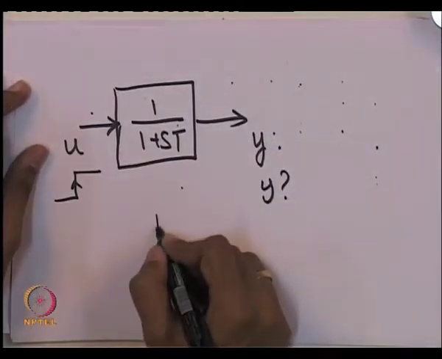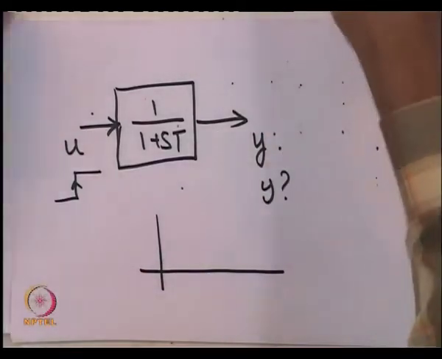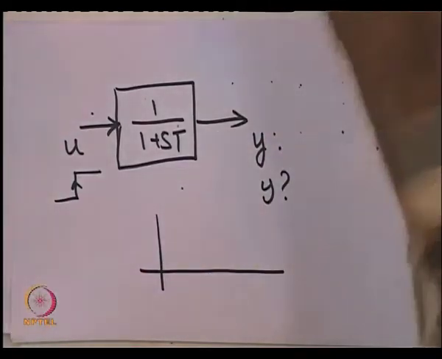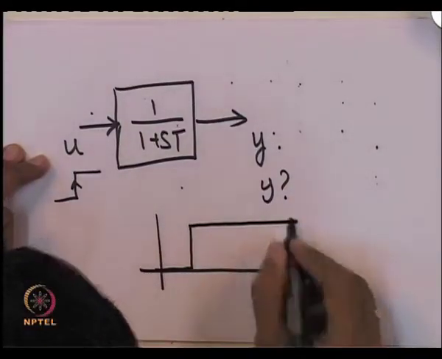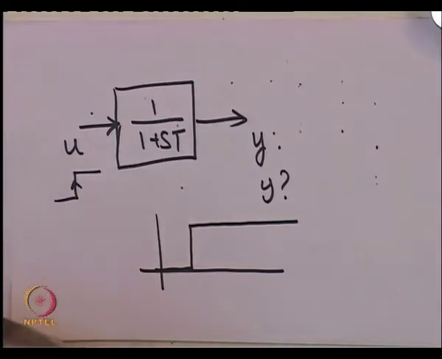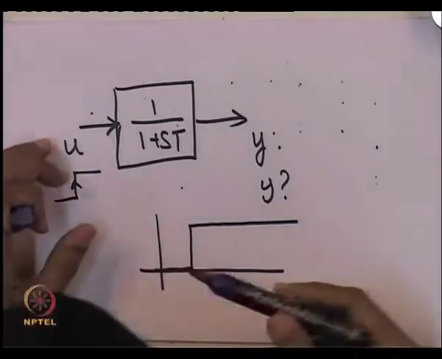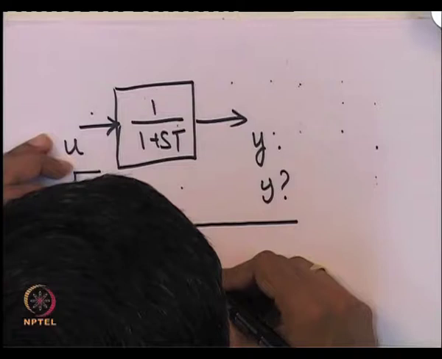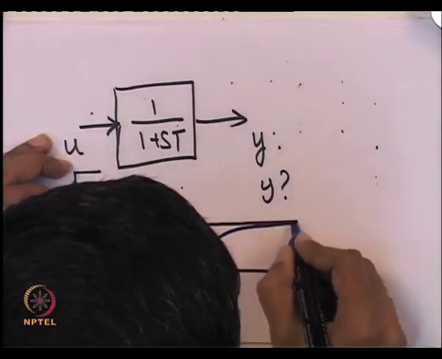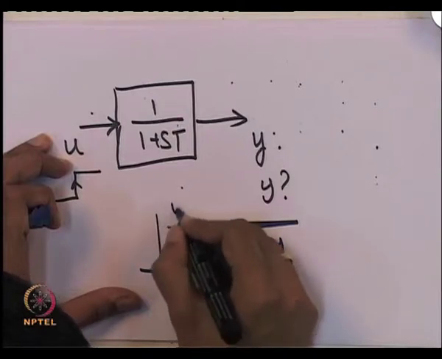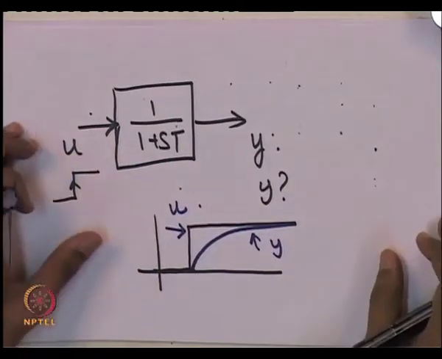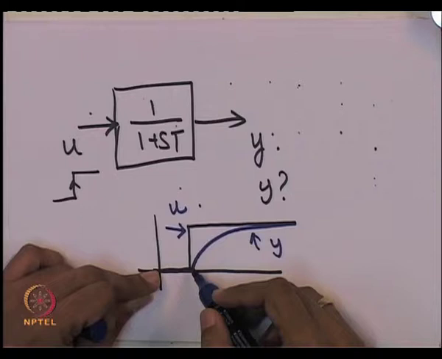In fact, you can prove this by actually solving the state space equation, that if u is a step, then y is going to be something like this. This is y and this is u. Okay.